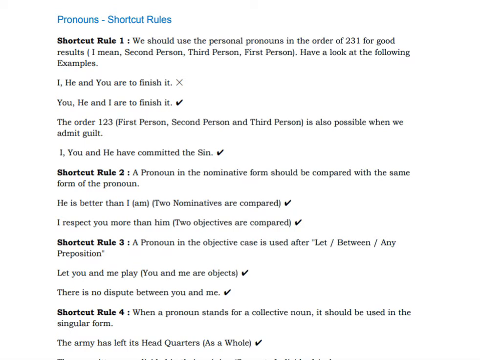Objective form of he is him. So here you have to use the same form. He is better than I. You can't say he is better than me. No, you can't use that. If you're comparing, you have to use the same form of the pronoun. So if it's nominative case, you have to use nominative. If it's objective, then in that case, you have to use objective.